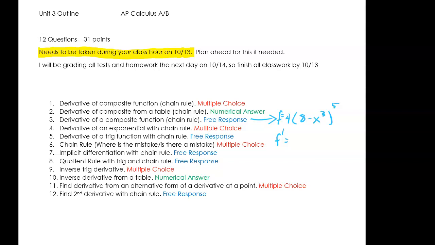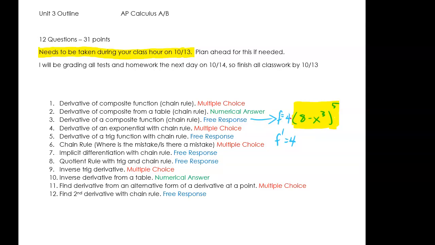So the 4 is a scalar multiplier. So automatically this 4 goes down into the derivative. Scalar multipliers don't affect the derivative itself. What you're going to focus on is this. This is the actual function we're working with that we're going to take the derivative of.